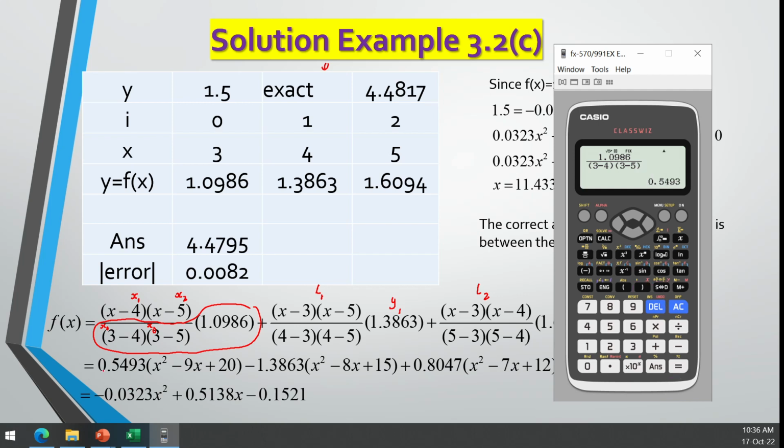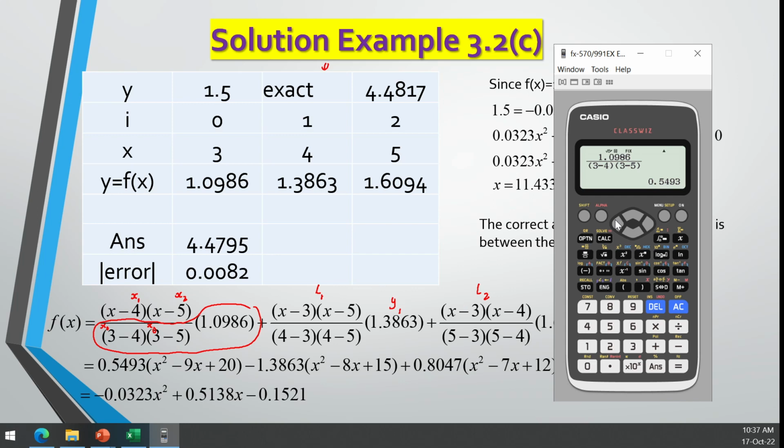So you get 0.5493. And you expand (x − 4)(x − 5): you got x squared, minus 5x minus 4x, so minus 9x, negative 4 times negative 5, so plus 20. Similarly, you calculate the coefficient for L1 multiplied by y1.